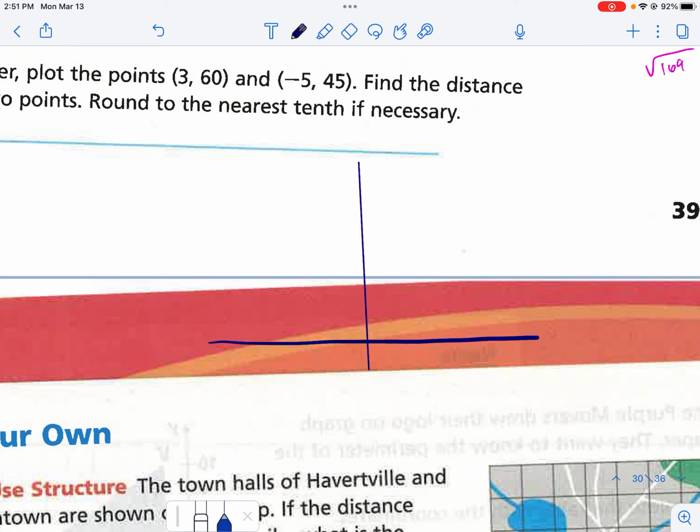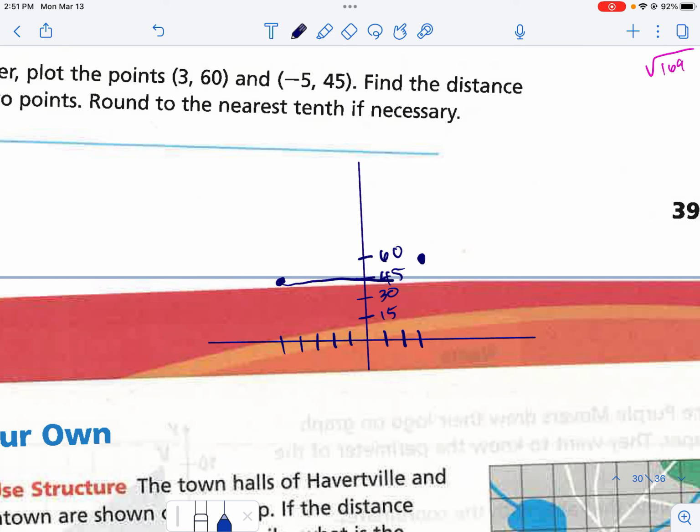We're going to come across like this. And I'm going to go 3, not 30. We're going to go over 1, 2, 3, 4, 5. Let's see. Let's go up by 15. So 15, 30, 45, 60. So if I have 360, that'll be here. If I have -5, 45, I think that's about right.